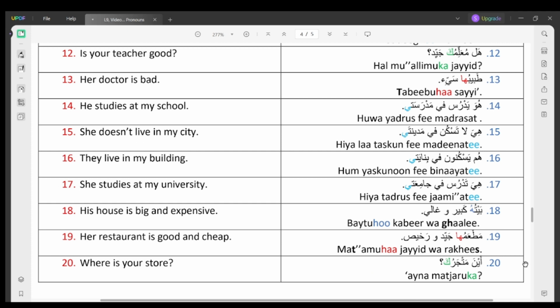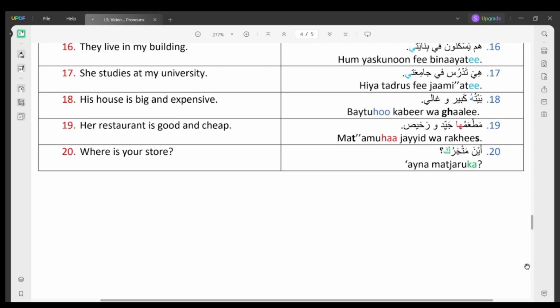Number 14. He studies at my school. Number 15. She doesn't live in my city. Number 16. They live in my building. Number 17. She studies at my university.